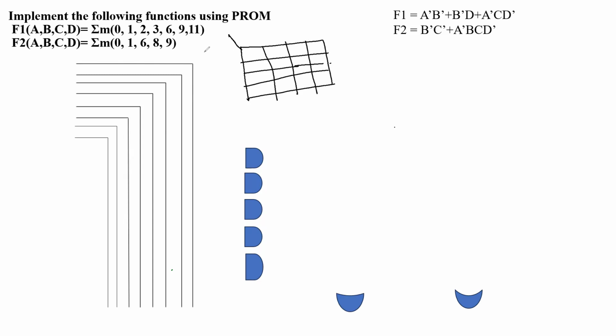Here on the left side we are giving the inputs, that is AB, and this is CD. At one time, only one variable changes. So we have 00, 01, 11, and 10. On this side again 00, 01, 11, 10.